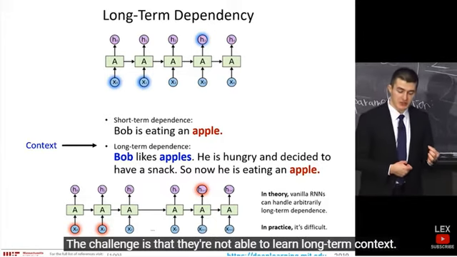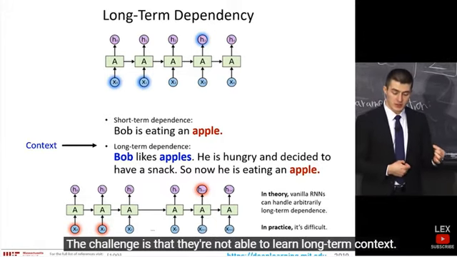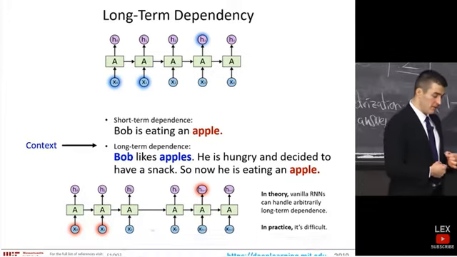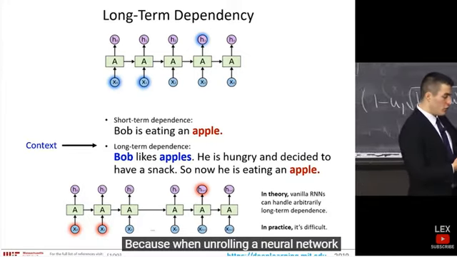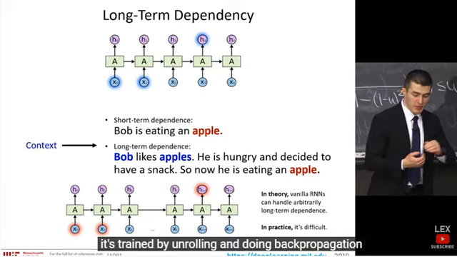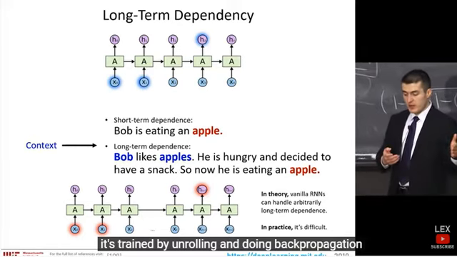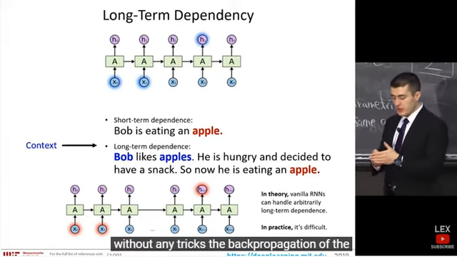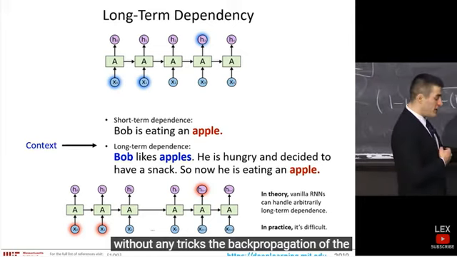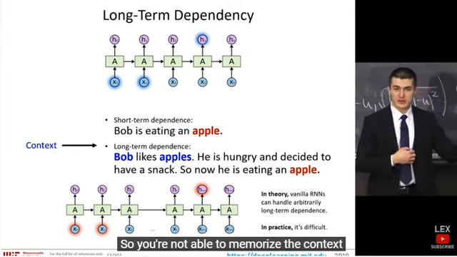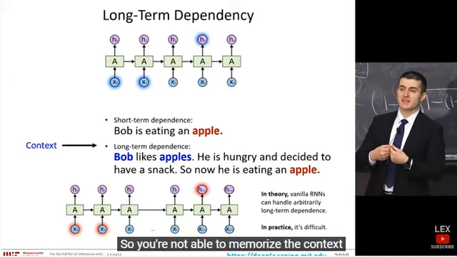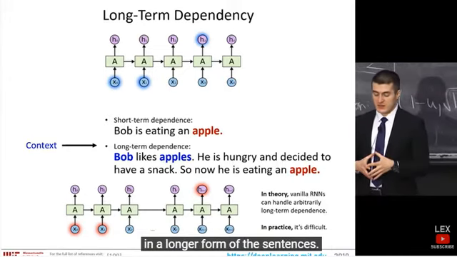The challenge is that they're not able to learn long-term context, because a neural network is trained by unrolling and doing backpropagation. Without any tricks, the backpropagation of the gradient fades away very quickly. So you're not able to memorize the context in a longer form of the sentences.